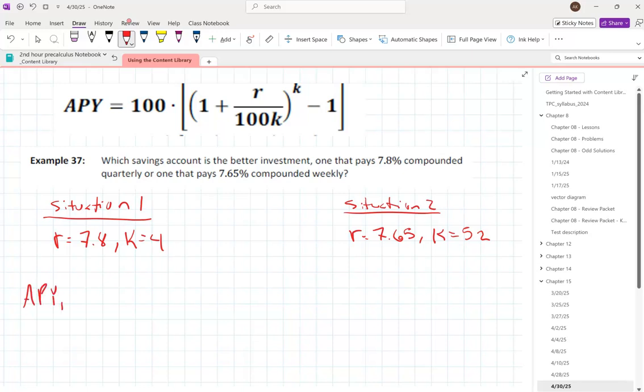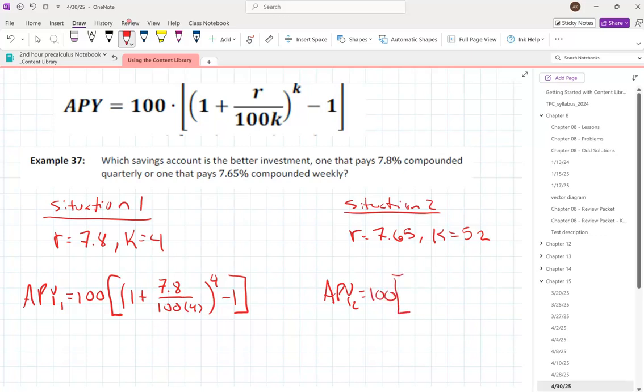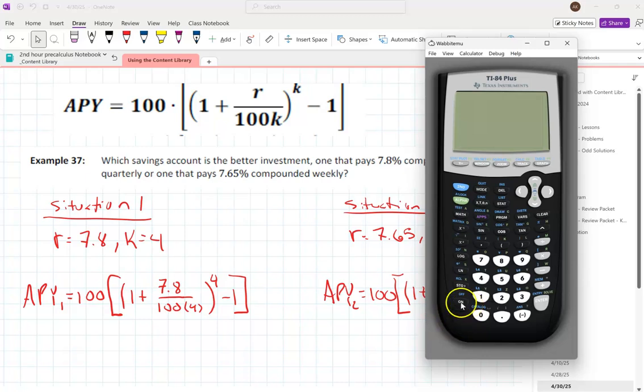So I'm going to calculate the APY for each of these two situations, and then I'll compare the APYs.